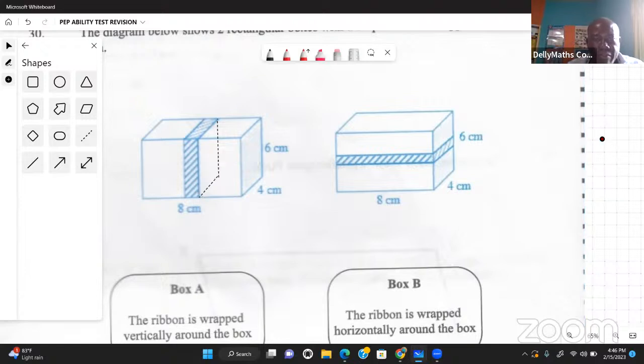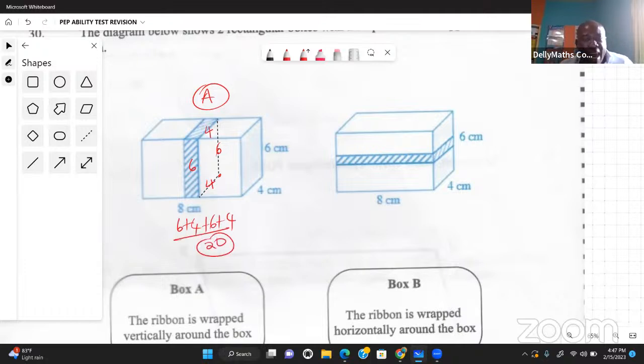So you're gonna have 6 here, 6 there, 4 here, and 4 there, based on how it is being wrapped. This is what you'll be wrapping for A. So you go 6 down, and then you go underneath, that is 4. You come here, you go up 6 again, come back 4. So this is gonna give us 6 plus 4 plus 6 plus 4, and this is definitely 20.